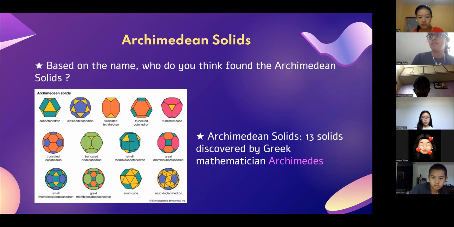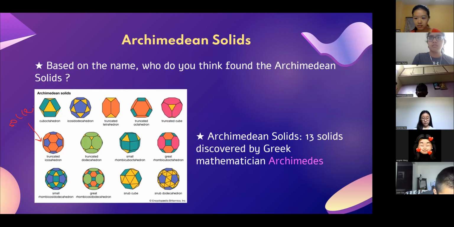Based on the pictures, they're semi-regular because they're made out of regular polygons, but the polyhedra, the 3D version, is not exactly regular because different types of polygons are put into one large polyhedron. Some of these names are a little hard to pronounce, which is why they're not talked about as often, but I think they're pretty cool.